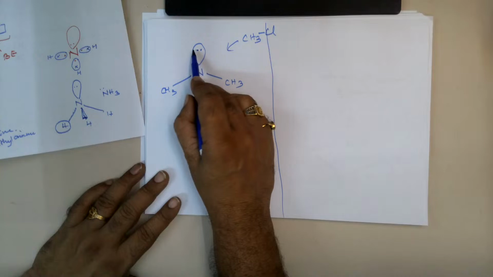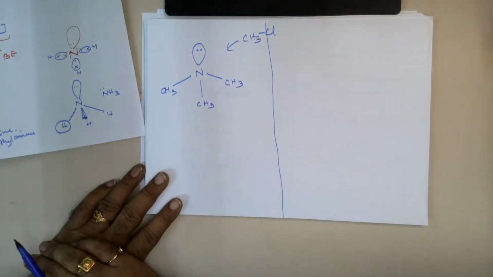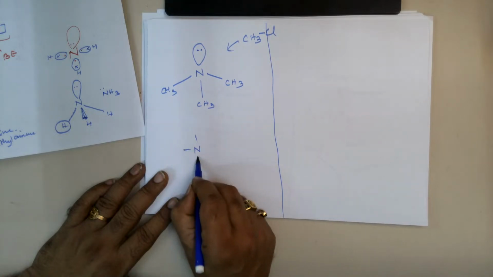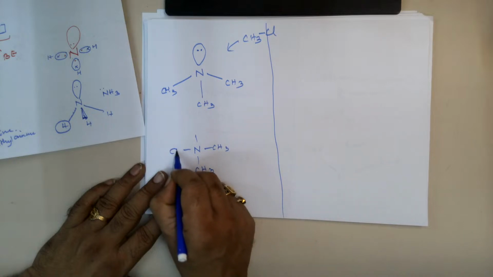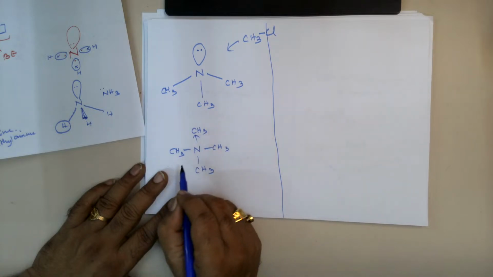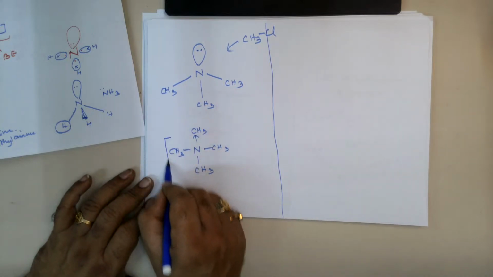This non-bonding electron pair is donated to the incoming methyl group, and thereby N, CH3, CH3, CH3, and the fourth one. It is donated, and the lone pair is lost because both the electrons are donated to form a bond.